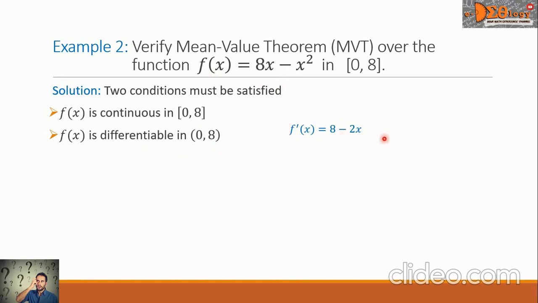We can see that our derivative here is another polynomial function, and we know that a polynomial function is continuous. And this function is defined in the open interval from 0 to 8. So we can conclude that f of x is differentiable in the open interval from 0 to 8.